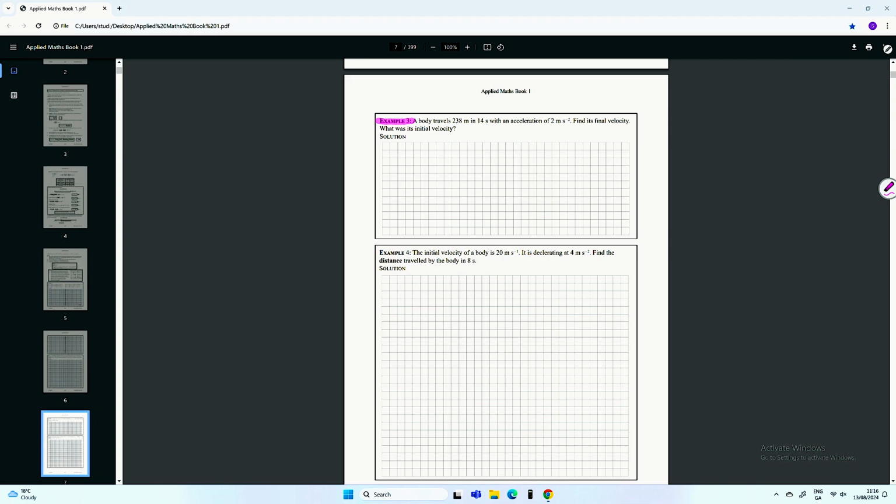A body travels 238 meters in 14 seconds with an acceleration of 2 meters per second squared. It appears I have 3 bits of information, and that's good. That means I can find the other 2. We want to find the final velocity, that's V, and the initial velocity U.